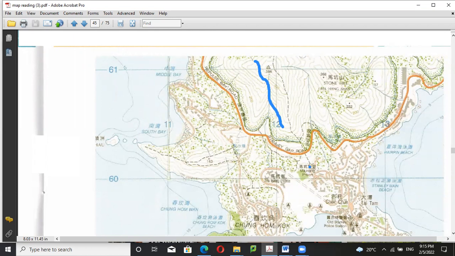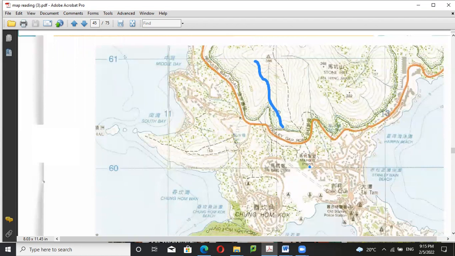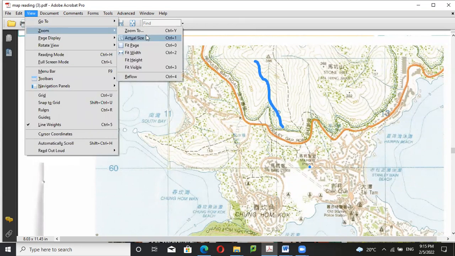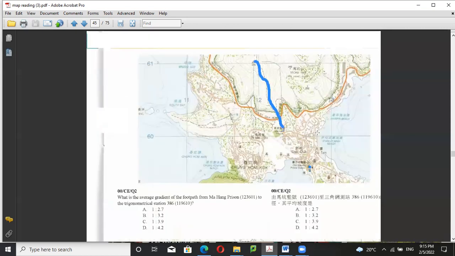For real, you can find out the 100 contour line passing through the standing gap row. So the Mahan preset is right below the 100, and then 80, 60. I think it should be around 60.